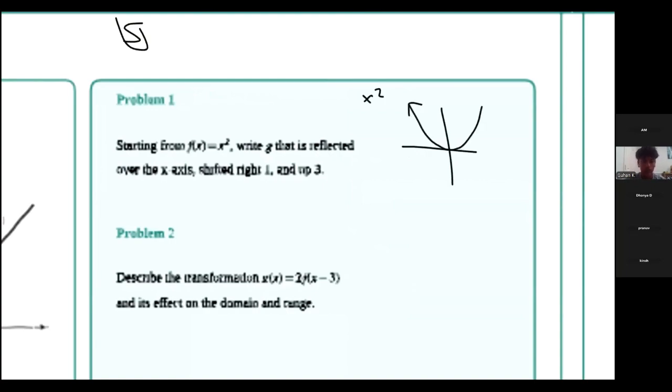Write g, which is reflected over the x-axis and shifted right 1 and up 3. So if f of x equals x squared, then how would I write g of x, which is f of x after it's been shifted right 1. So I'll give you guys the things.